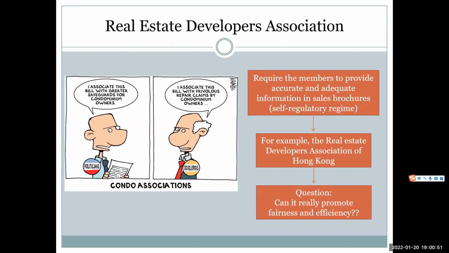If such associations are only self-governed, they may just protect their own interests, to ensure that no one competitor increases his own interest and gets into a better position than the others. It's just to ensure that everyone does almost the same thing. They disclose the same level of information, then they can benefit together. So I think we cannot wholly rely on those self-regulations. If we really want fairness and efficiency, we still need some legislation and government intervention.